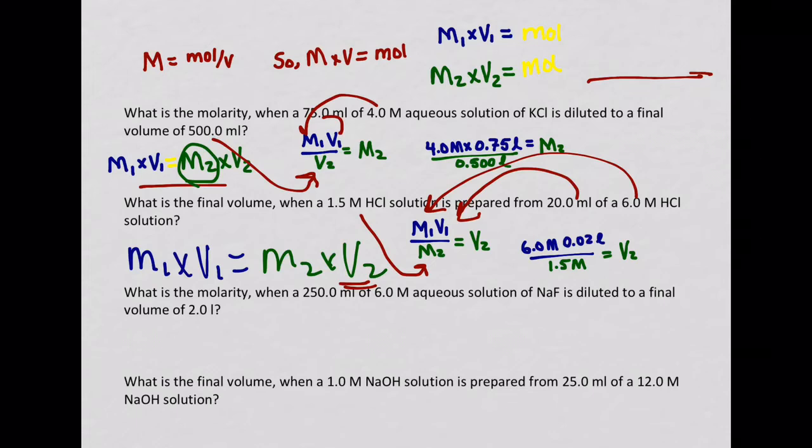So you can again do the math. Why don't you pause the video and try these last two right here. This one is looking for molarity, and this one final volume, so they're parallel problems. Then we'll come back and look at doing the math on those. So pause the video for a second.